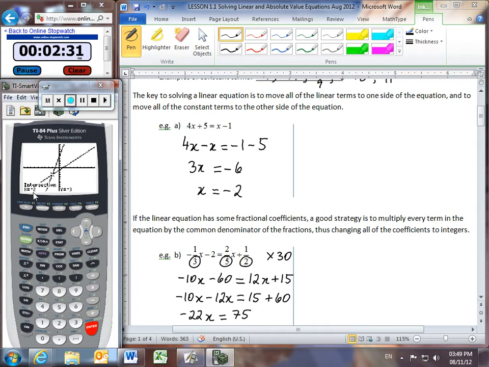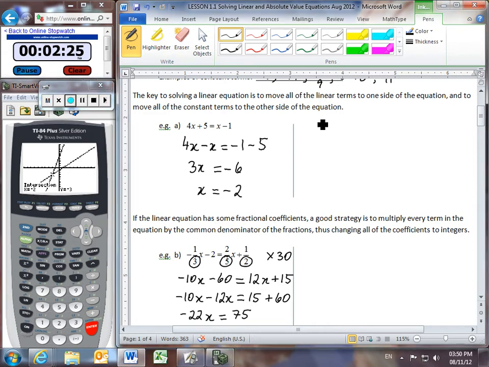If you wanted to show your work on your paper that you had done this using a graphical calculator solution, a good way of doing it would be to write down y1 and y2. So your y1 is 4x plus 5, your y2 is x minus 1, and then you would just quickly copy a sketch of the picture from your calculator. In this case, our sketch would look something like this.